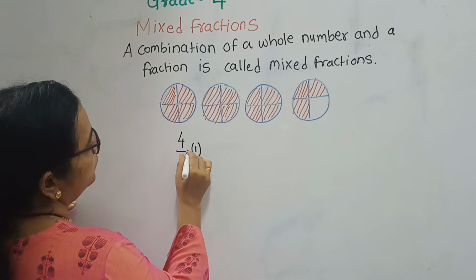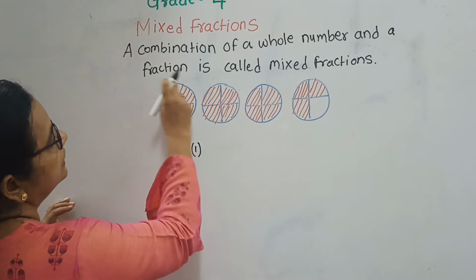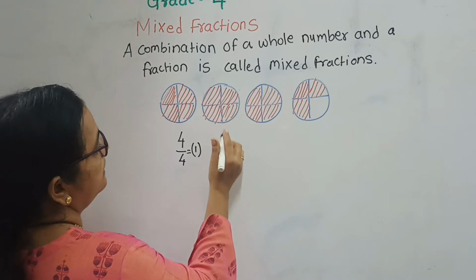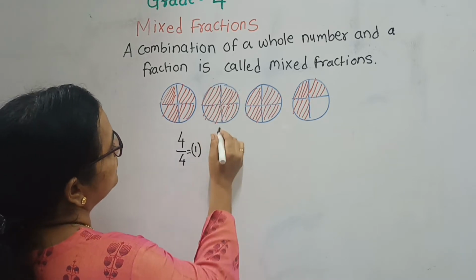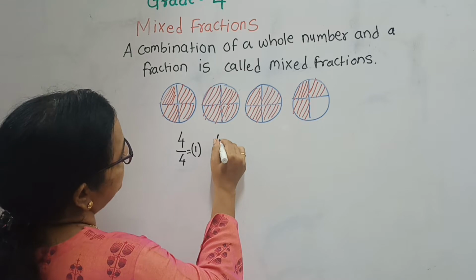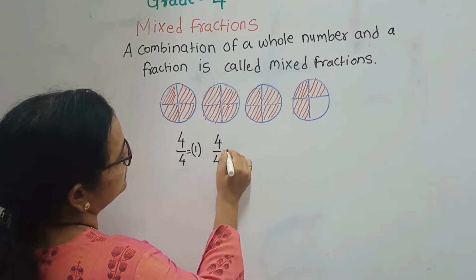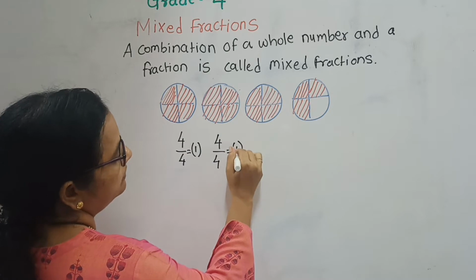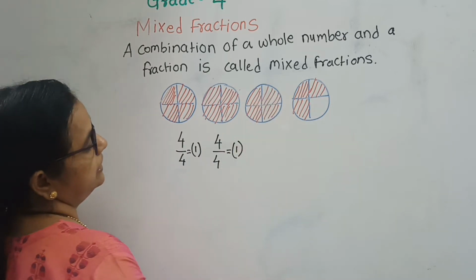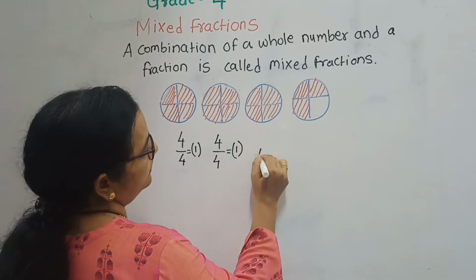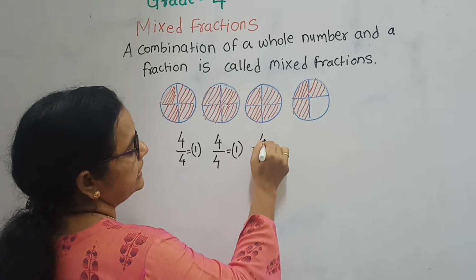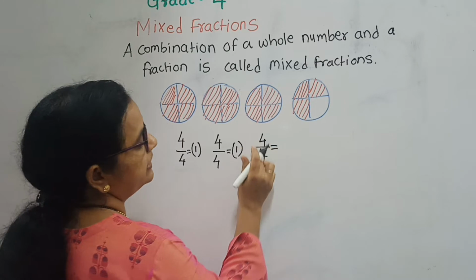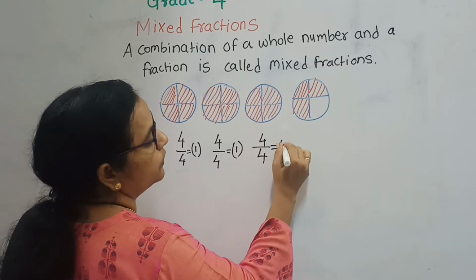Again in this figure, 4 parts are there and 4 are shaded, so it is 4 upon 4, a whole, which means 1. Third figure, 4 parts and 4 shaded, so 4 upon 4 means 1.